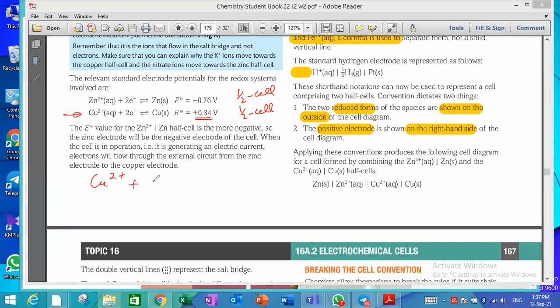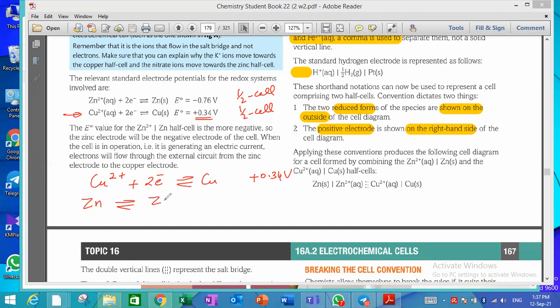So we say copper 2 plus plus 2 electrons gives copper, E naught value is plus 0.34 volts. We leave the more positive as it is, and we flip the other one. We make it the opposite.